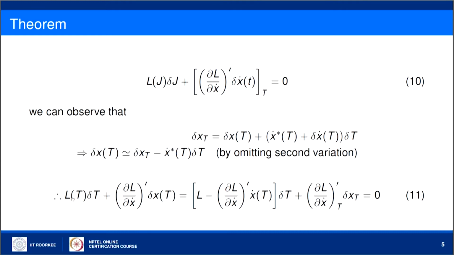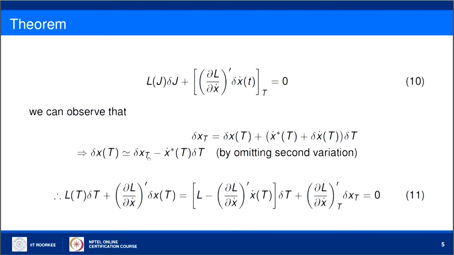First L at capital T into del capital T is there, plus del L by del x dot into del x at capital T. That del x capital T, we are replacing it with this expression. So, we will get L minus del L by del x dot transpose into x dot of capital T. From here we will get this expression.